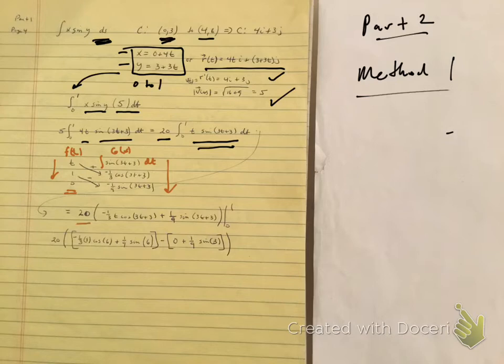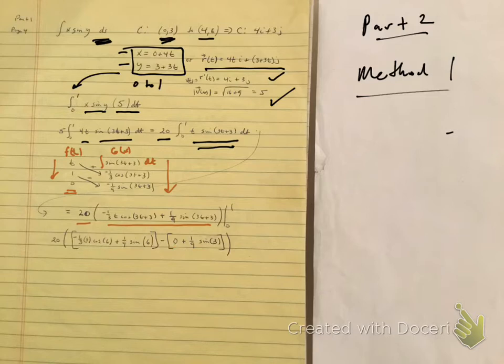And so you have 20 times this, plug the numbers in, and you end up with this expression. Honestly, I didn't bother simplifying it any further. About the only thing I could have done is just get rid of the 0 because there's nothing I can really add when I start talking about the cosine of 6 radians or the sine of 3 radians and that sort of thing. So that is our answer right here at the bottom.